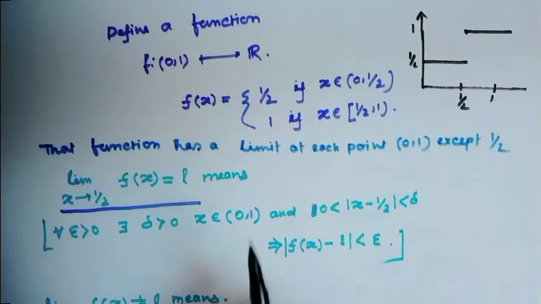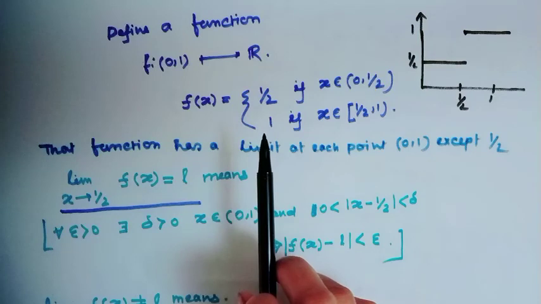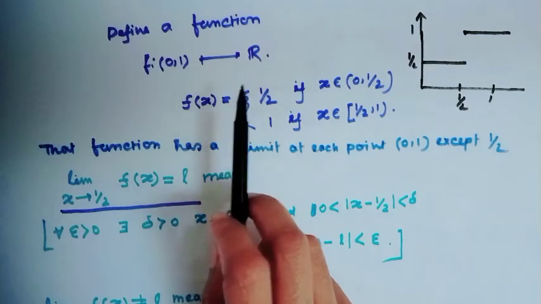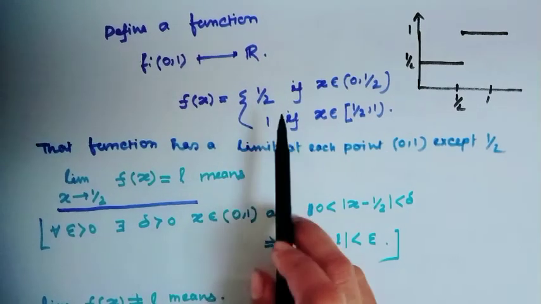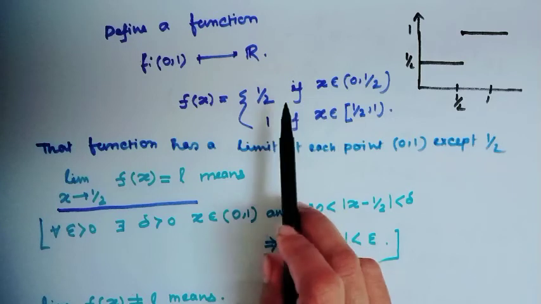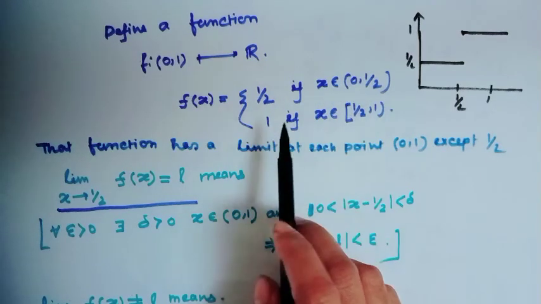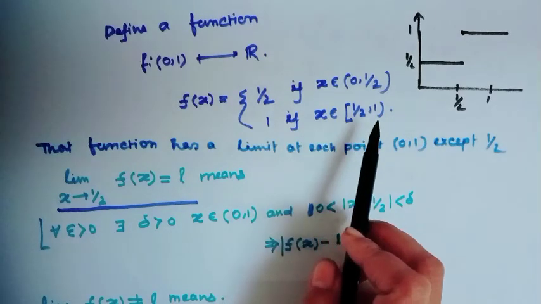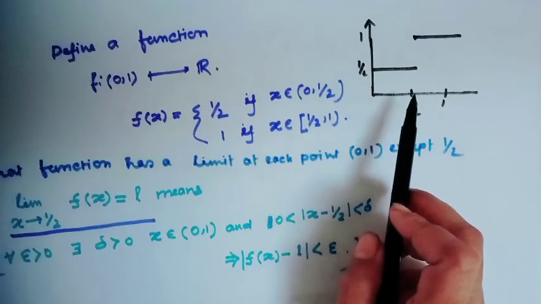Well, now let's see one more example. Define a function f from the open interval (0, 1) to R such that f(x) equals 1/2 if x belongs to (0, 1/2), and f(x) equals 1 if x belongs to [1/2, 1). This is the picture.